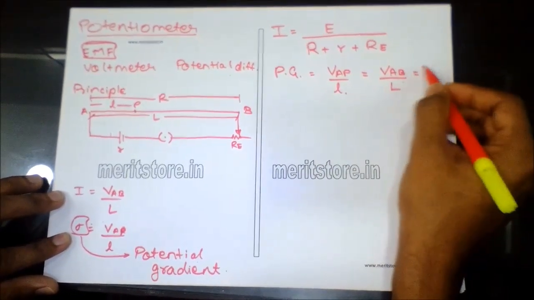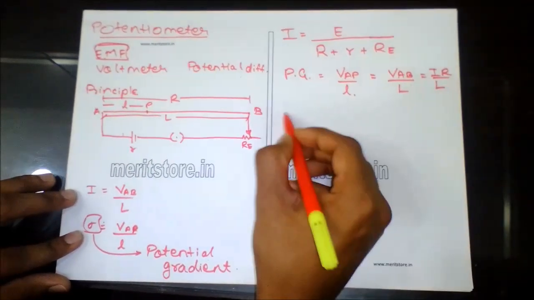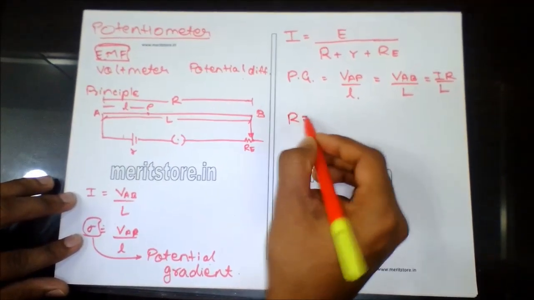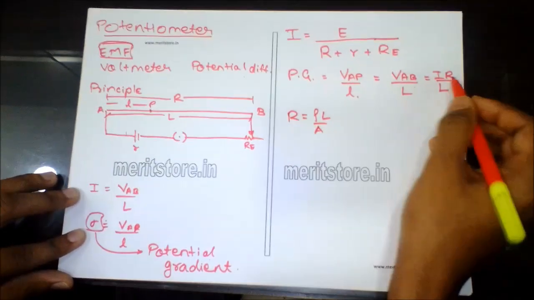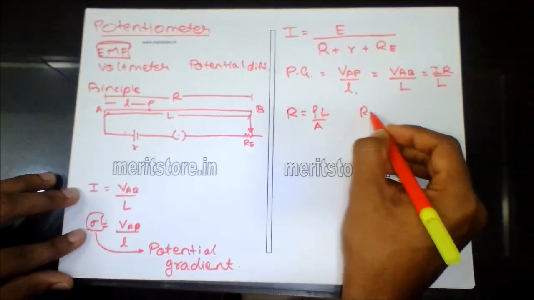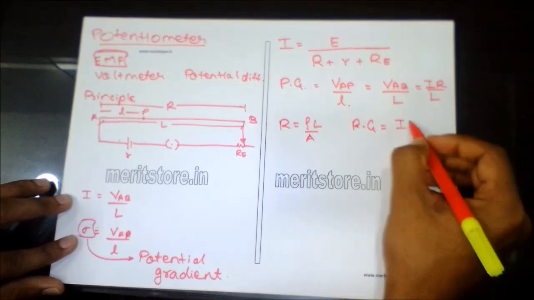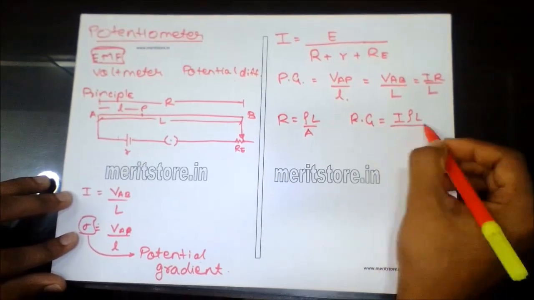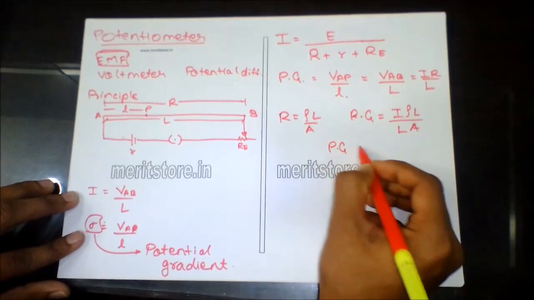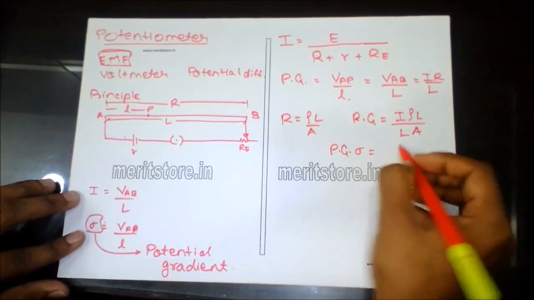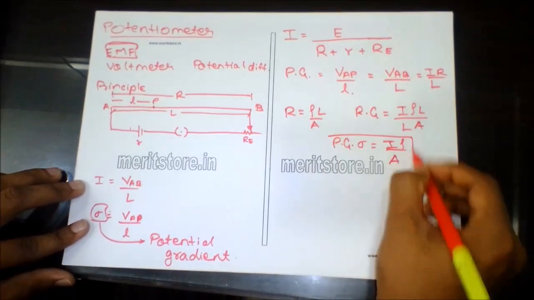V is equal to IR upon L. The value of R can be written as rho L upon A. Substituting this value gives the potential gradient as I rho L upon L into A. So the potential gradient sigma is nothing but I rho upon A.